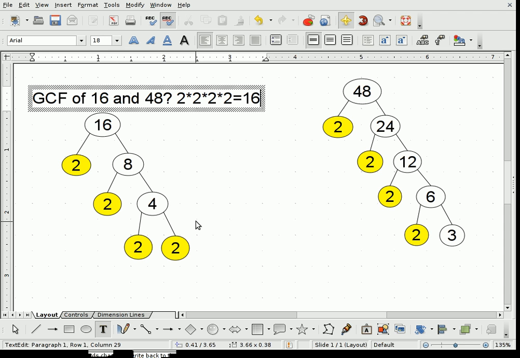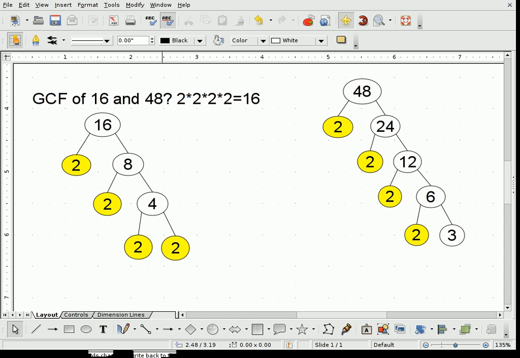That turns out to be 16 itself. That's really hardly surprising, because 48 is actually 3 times 16. So that's why the greatest common factor of 16 and 48 is 16.